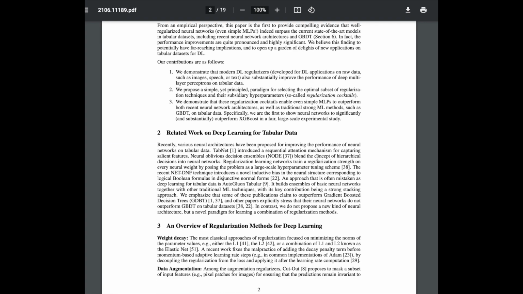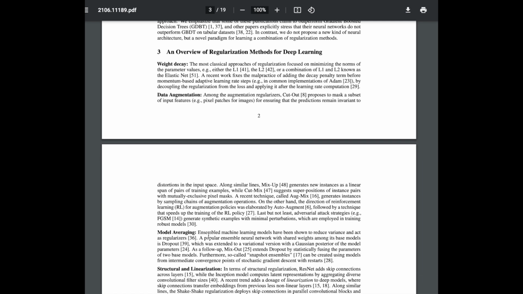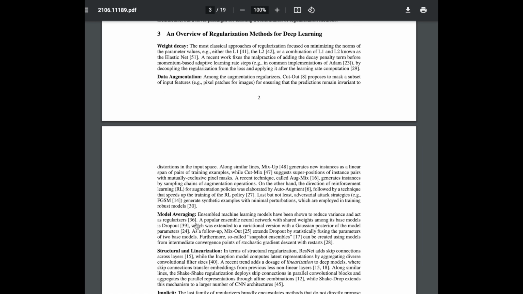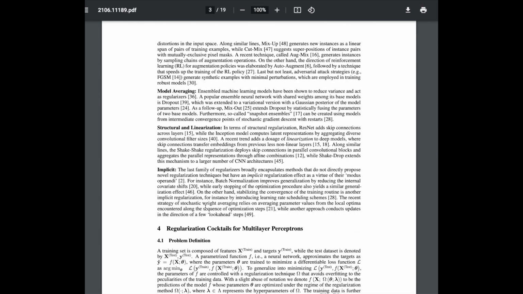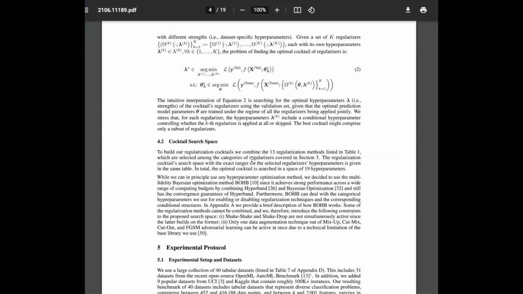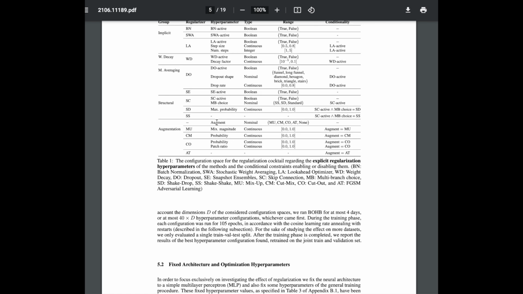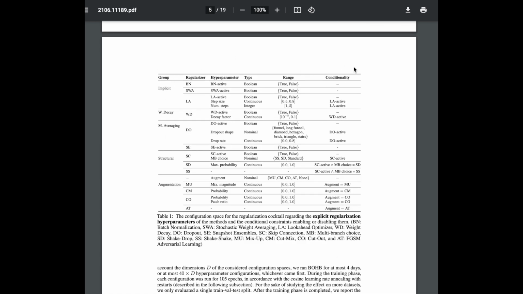So what they're doing is they're looking through different ways of applying data augmentation, weight decay, say like stochastic weight averaging or dropout, these kind of strategies, as well as say like structural skip connections or like batch normalization. So they're looking through all these different regularization techniques and showing that as you search across it, you can get better performance. So this is the overall table of the hyperparameter sweep that they're about to go through, the different augmentation configurations and so on.